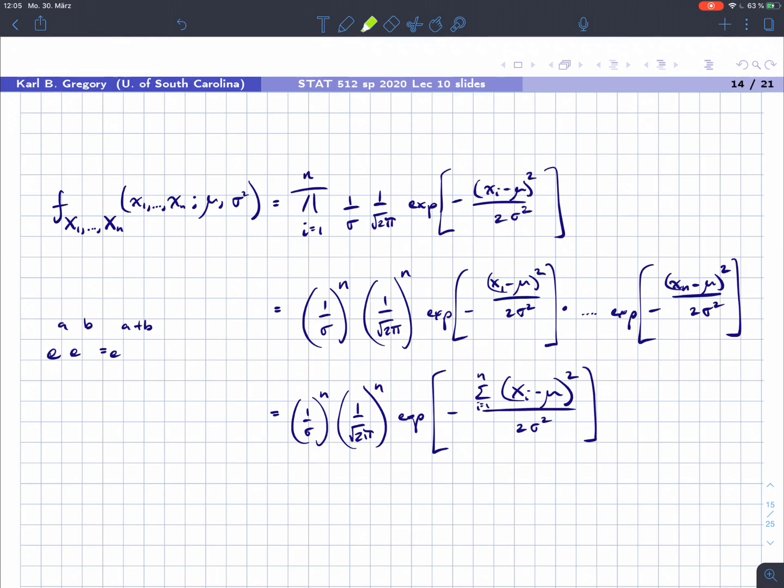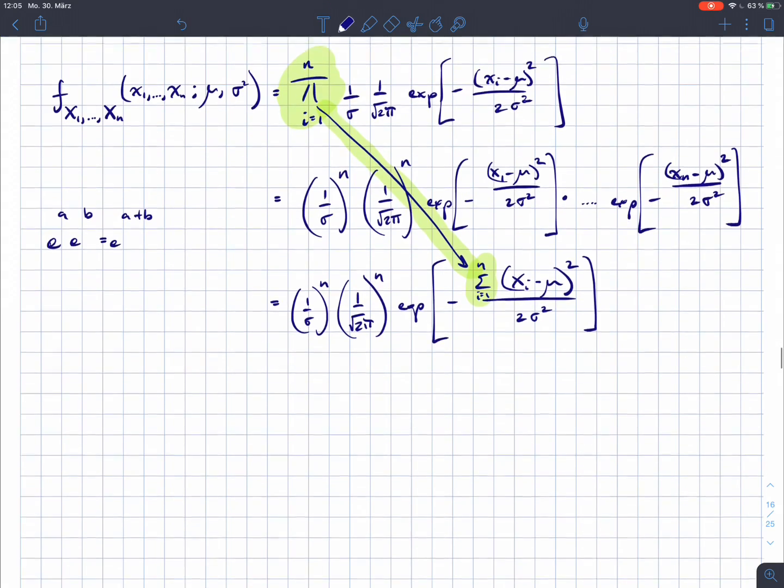We're going to see this quite often from now on, that this product turns into a sum when I take it up into the exponent. Okay, so we need to get comfortable with that.